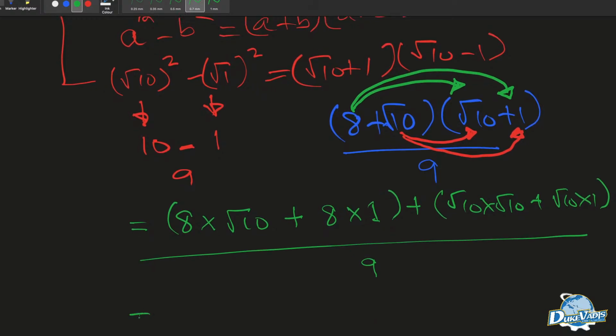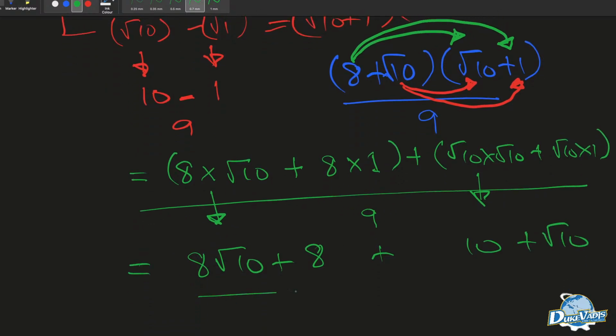We know that 8 times root 10 will give us 8 root 10, plus 8 times 1 is 8. Then root 10 multiplied by root 10 gives us 10 as well, and root 10 times 1 is root 10. Okay, so all over 9.